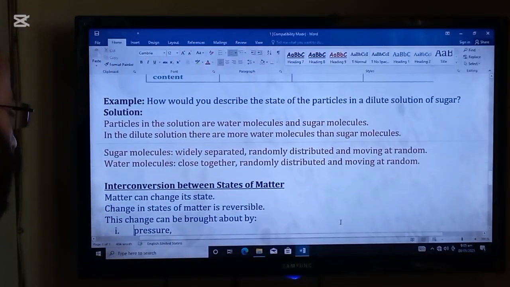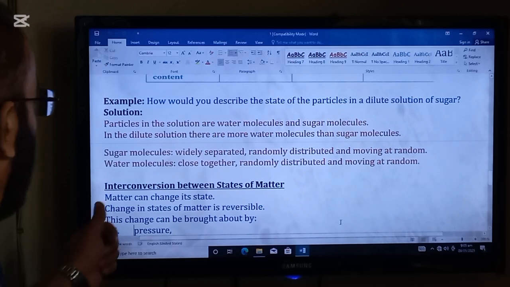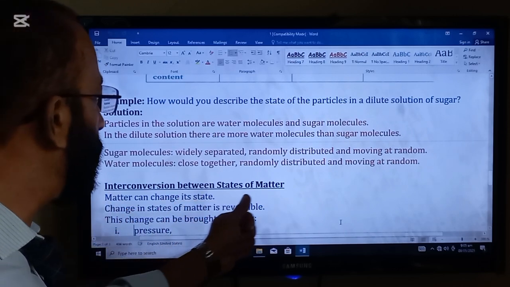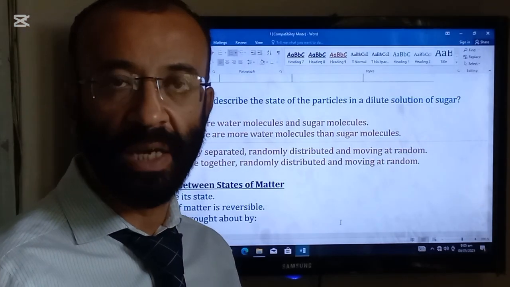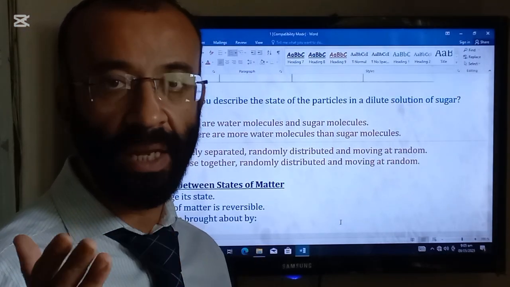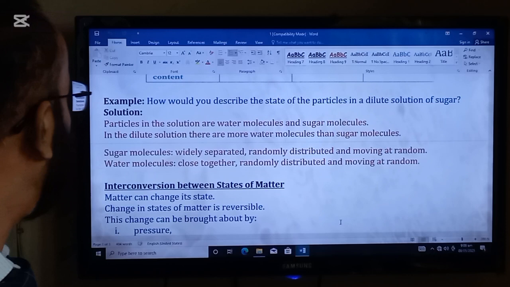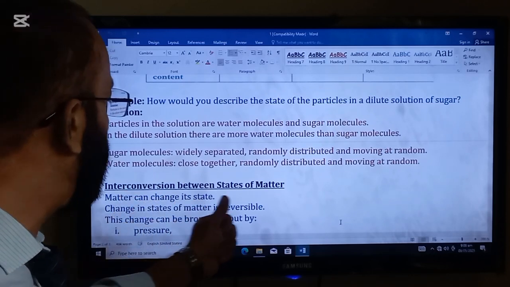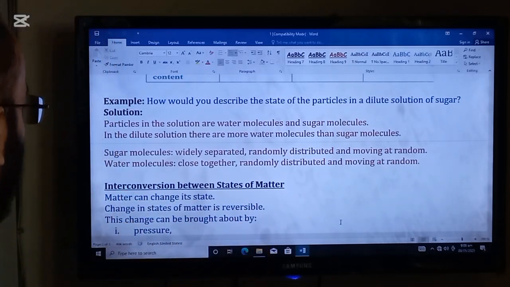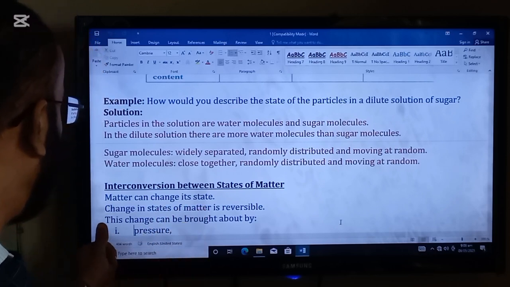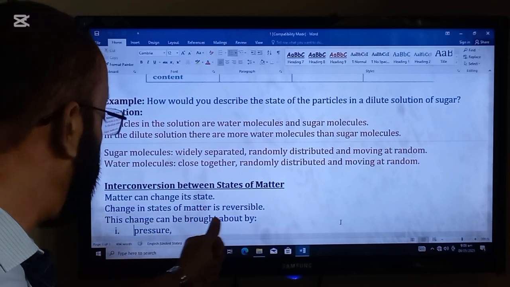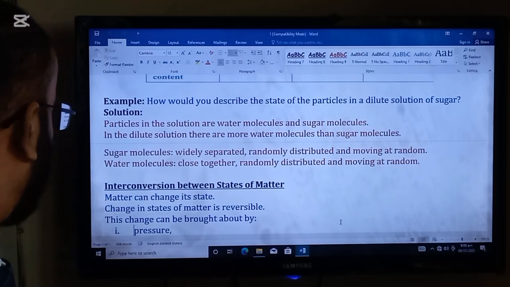The next topic in the lecture is interconversion between states of the matter. So we know there are three states of the matter: solid, liquid, and gas. And now we are going to read the interconversion between the states of the matter. Matter can change its states. Change in states of matter is reversible.